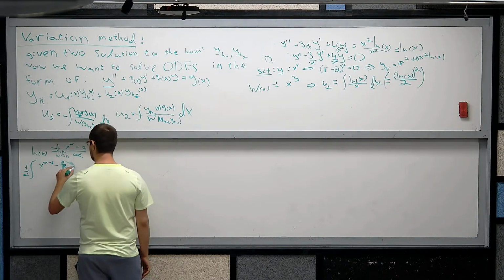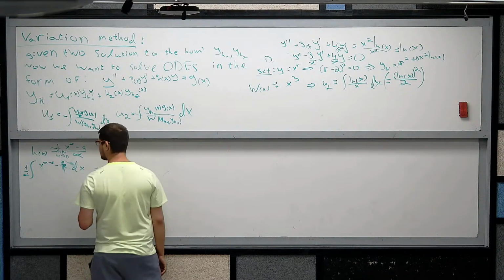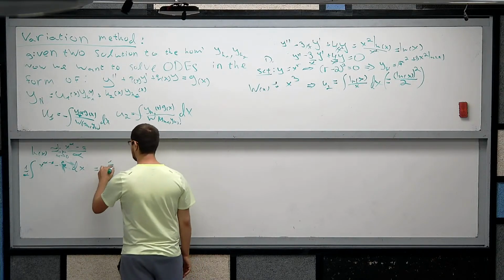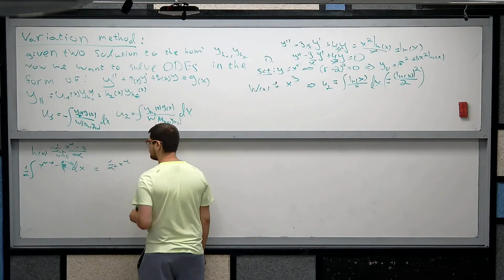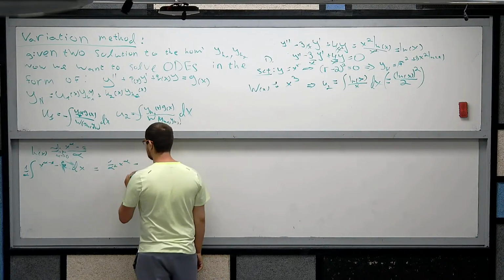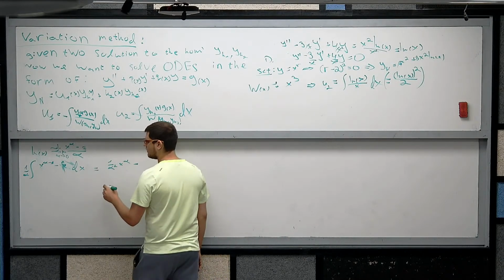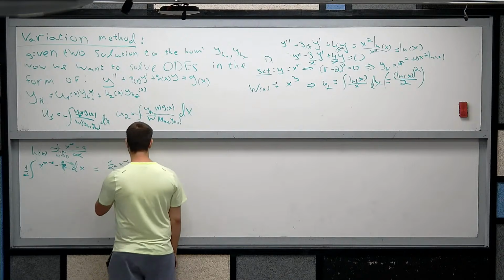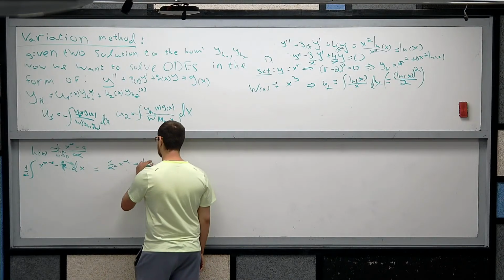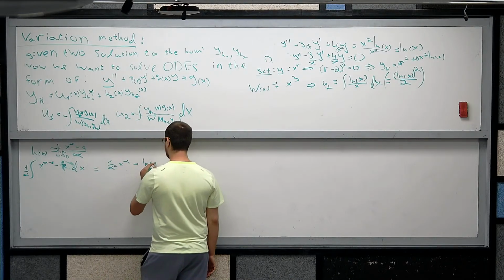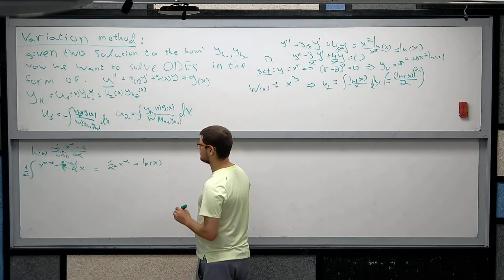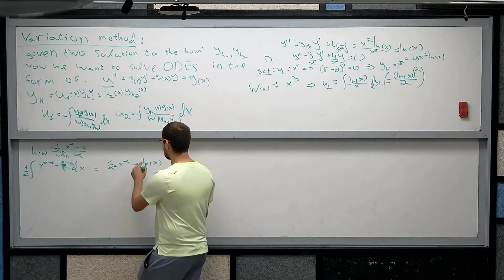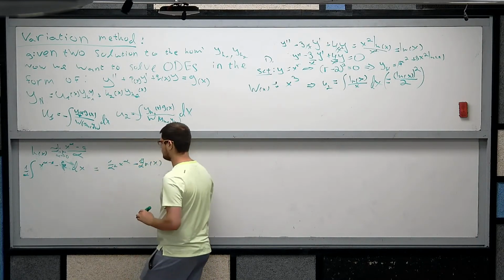And then from the dx we get 1 over alpha squared x to the alpha, minus ln x, 1 over alpha. Right.